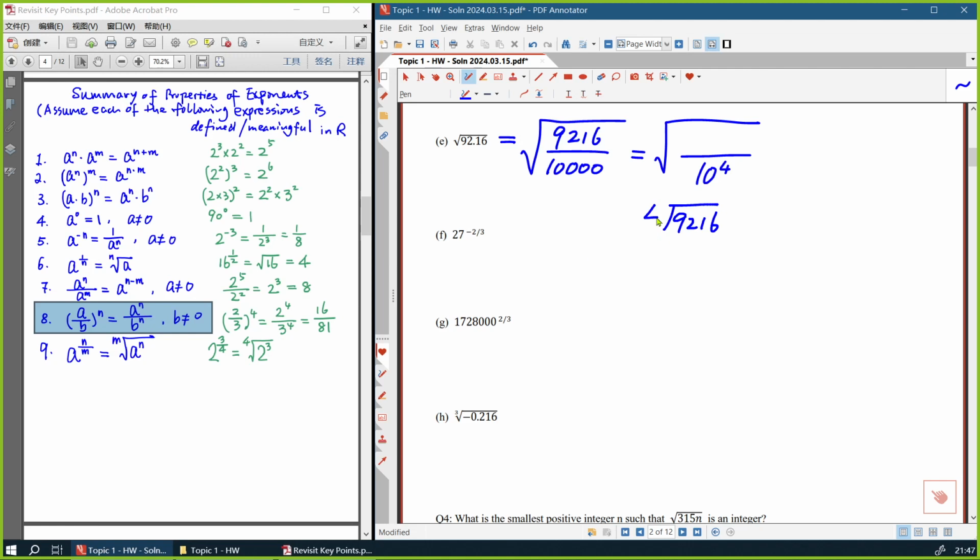Apparently that can be divided by number 4, right? If you divide that number by 4, you will get 4 times 2304, right? And then check whether this number can be further divided by 4.